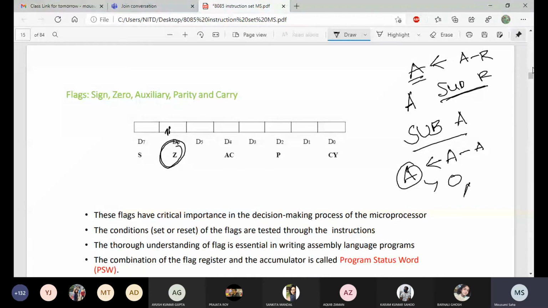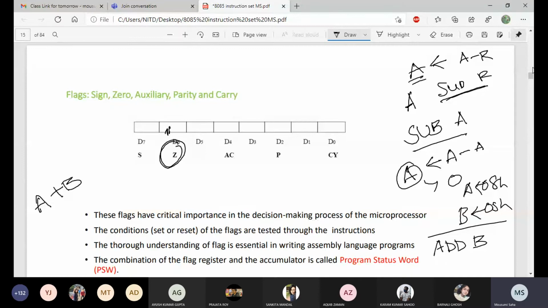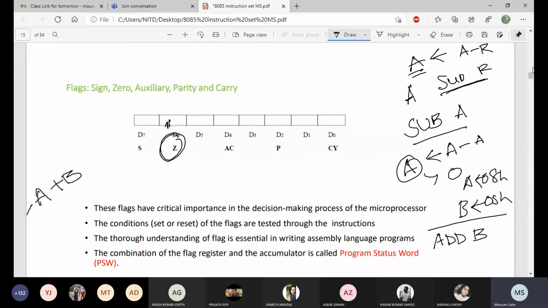Suppose the content of the accumulator is 8, that means 08H, and the content of register B equals 05H. Now another instruction, that is ADD B. ADD B means A plus B: the content of the accumulator and the content of register B will be added and the result will be stored into the accumulator.